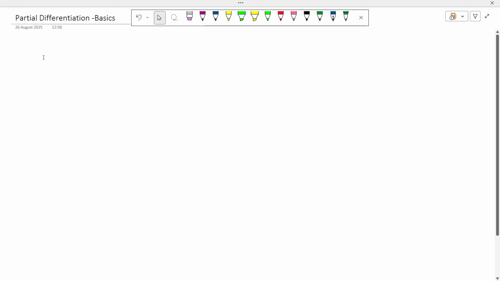Okay, partial differentiation basics. So, what is that derivative? Already we have seen what is meant by derivative.